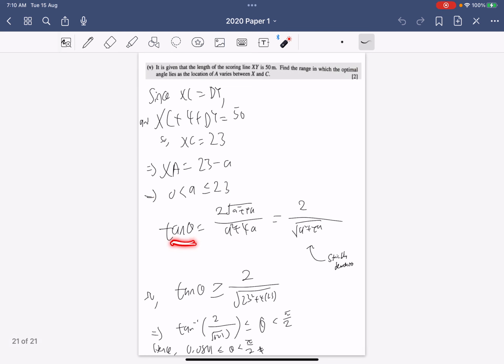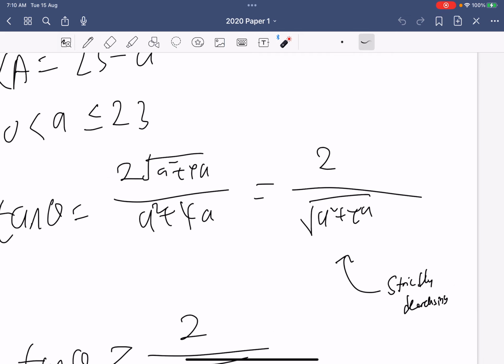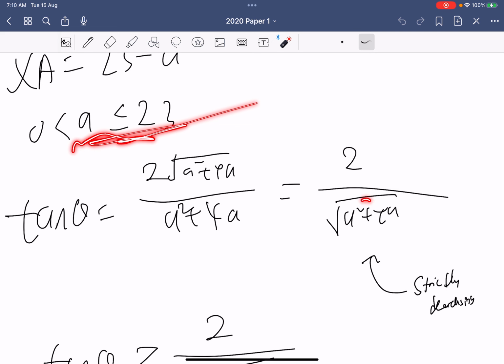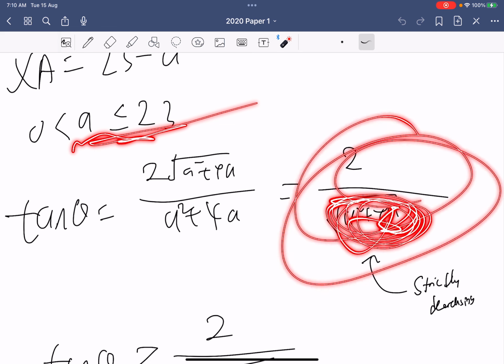Now we know that tangent theta must equal this, which equals 2 over square root a squared plus 4a. And this is strictly decreasing, because as a increases, this part increases, and that means this whole thing would be decreasing.